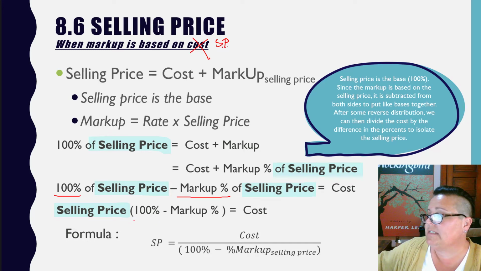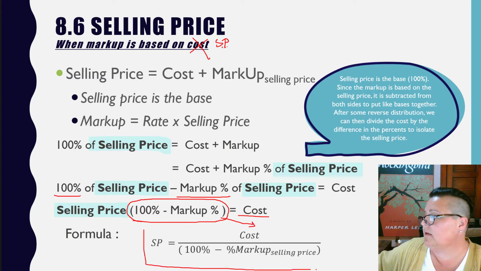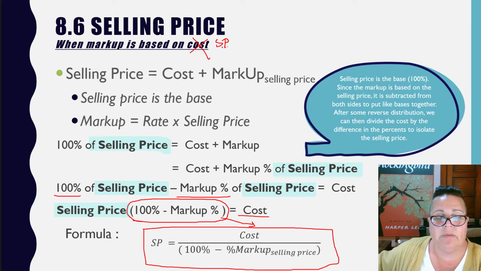If I'm looking for the selling price, then in order to get it alone, I'm going to take this whole piece and divide the cost by it, whatever that percent might be. All right. This gives us our new formula.